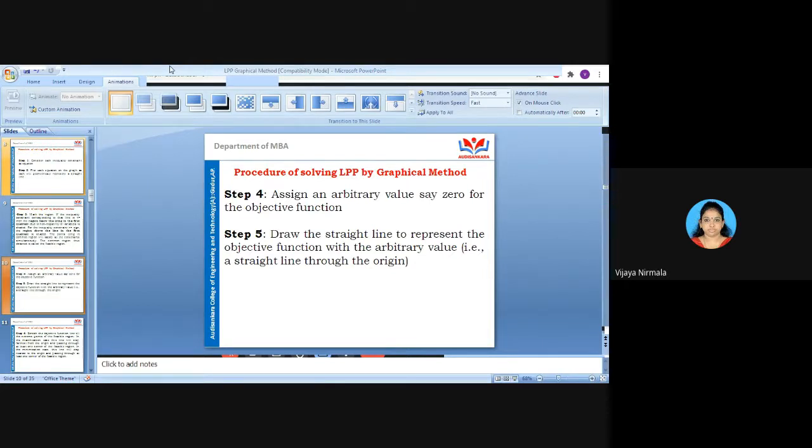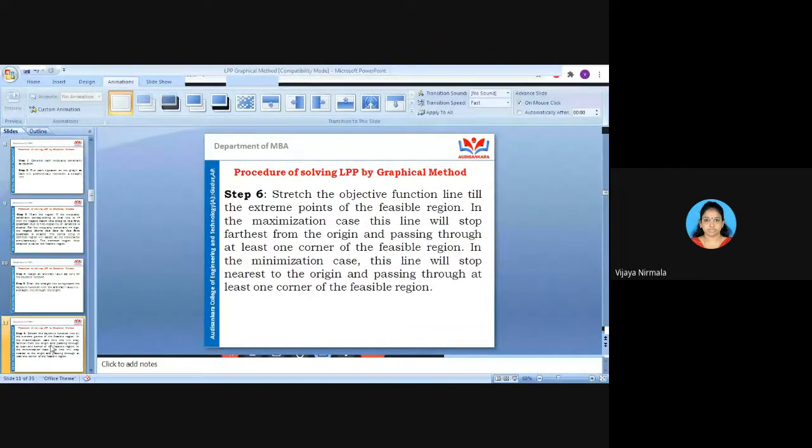Next, draw a straight line to represent the objective function with the arbitrary value. That is a straight line through the origin.